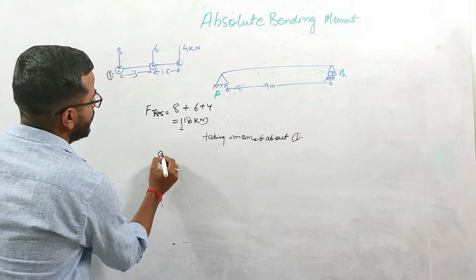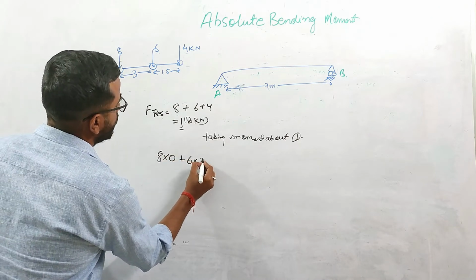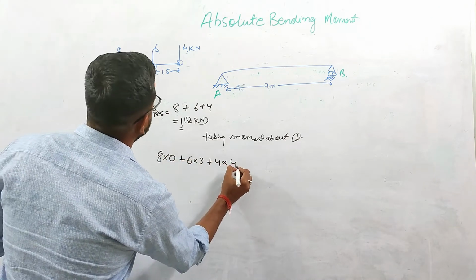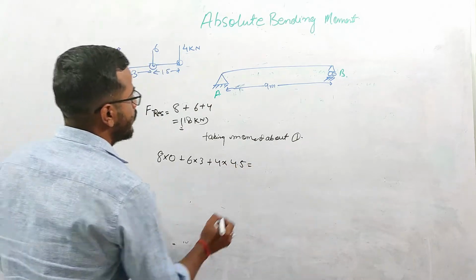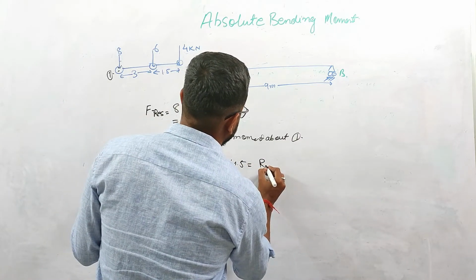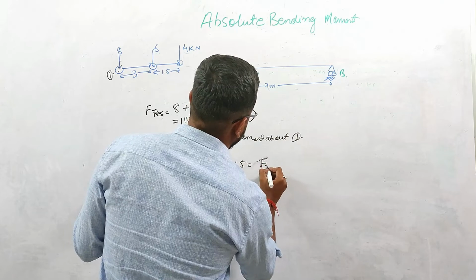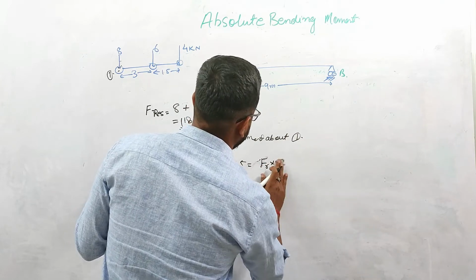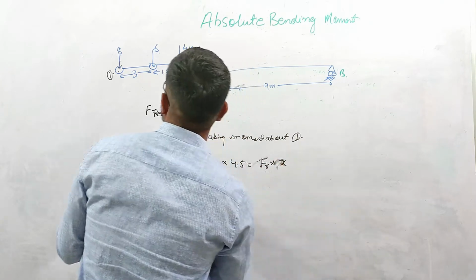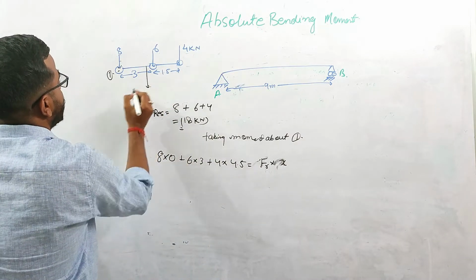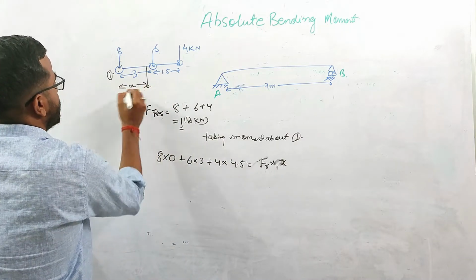So I can write 8 into 0 plus 6 into 3 plus 4 into 4.5, which will be equal to the resultant force Fr into x. Let us suppose the resultant is acting over here and this is the x distance.